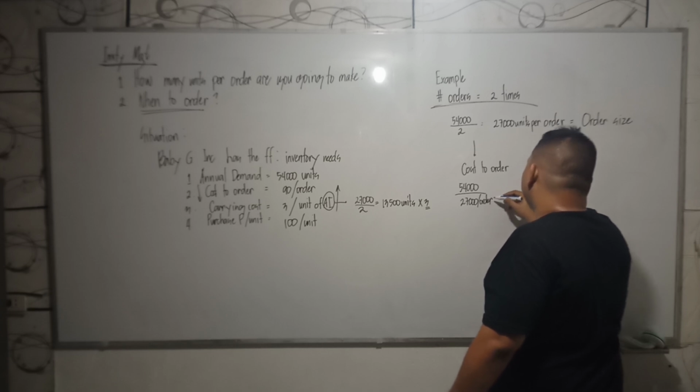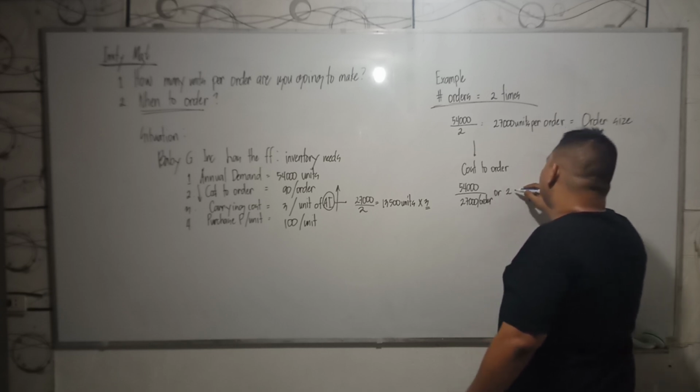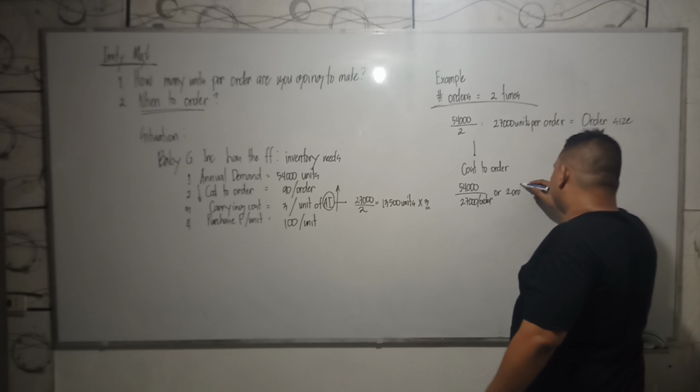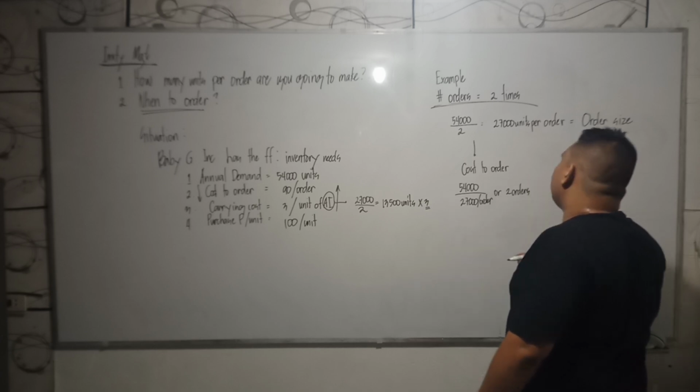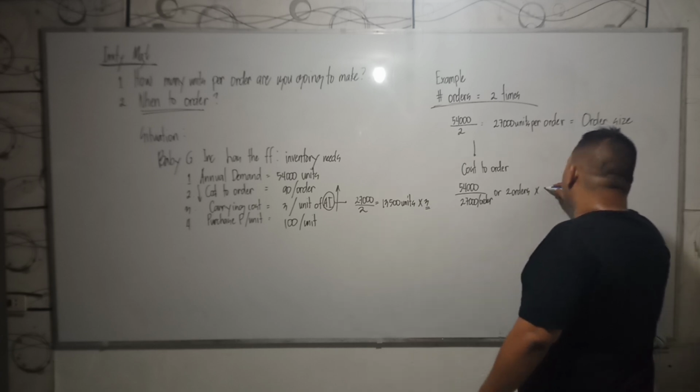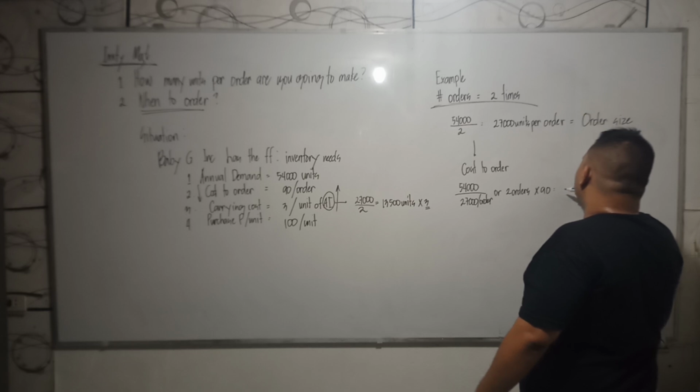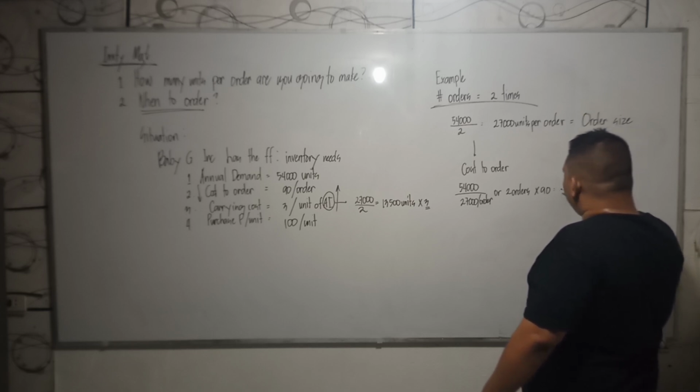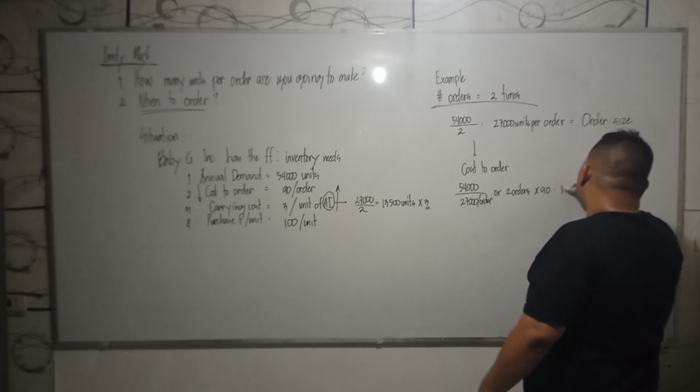Again, that's 2 times, 2 orders. Okay? 2 orders times 90, you only have a total cost to order of 180.